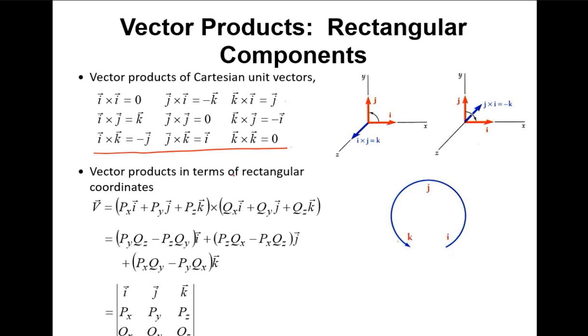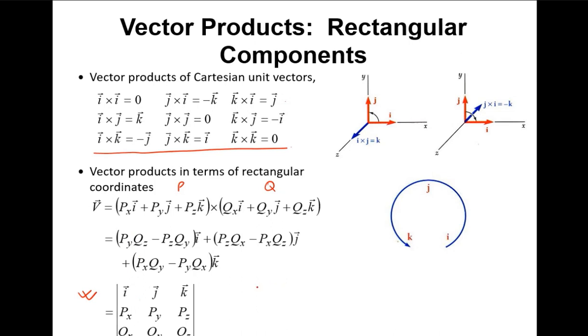Now vector product in terms of rectangular coordinates, right? So Px i plus Py j plus Pz k cross Q. This is my vector P, this is my vector Q. If I wish to find this out, it can be found very easily through the determinant.